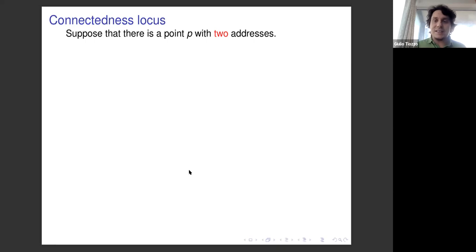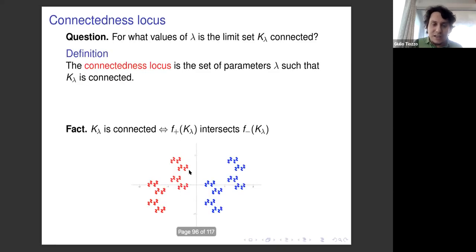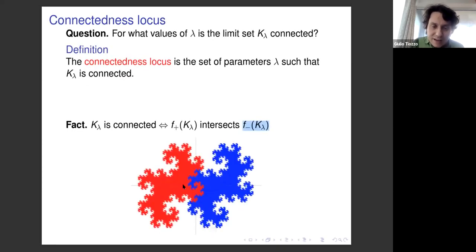If the set is connected, it means that there is a point in the middle, for instance, that lies on both subdragons, meaning that it has two addresses. There are two ways to get to it: you can come from the red part and you can come from the blue part.